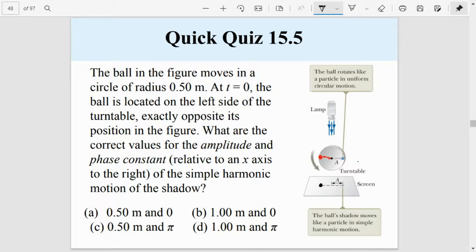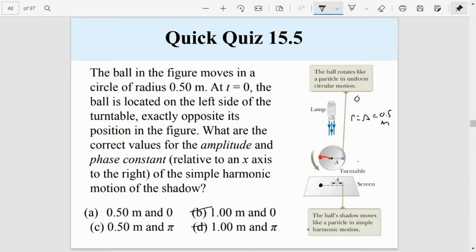And what we know is that the radius is half a meter, and we know that the radius also sets the amplitude for the oscillations of the shadow. So that will be 0.5 meters for the amplitude. And that means we can't have B or D as answers. And we also need to know the phase constant.